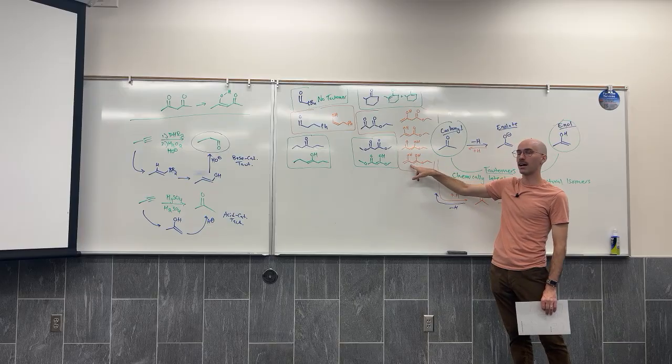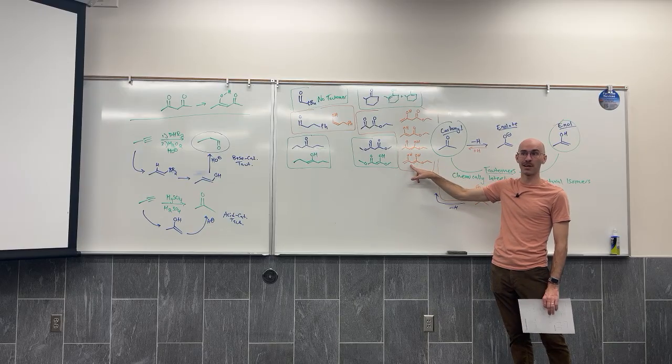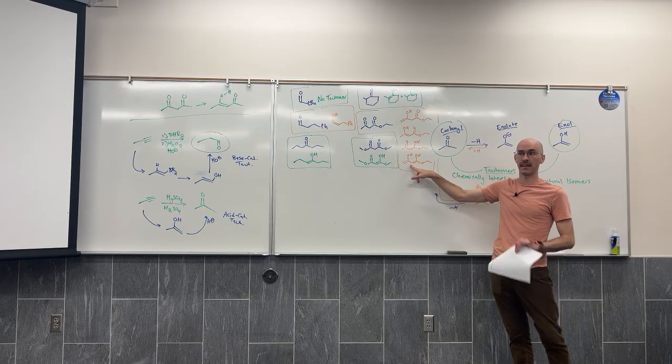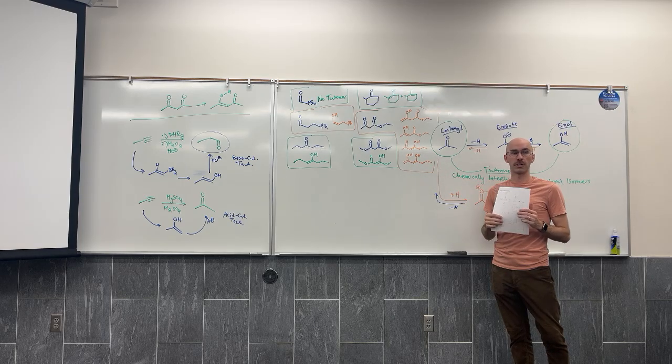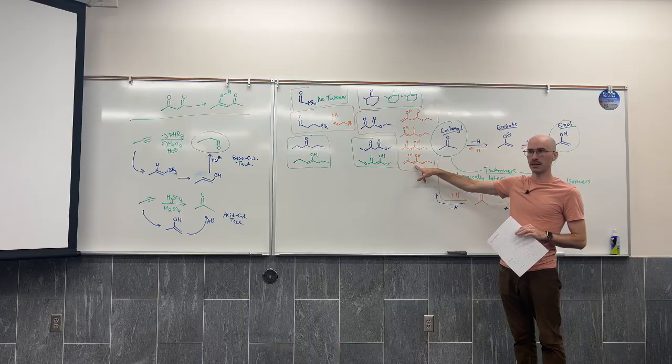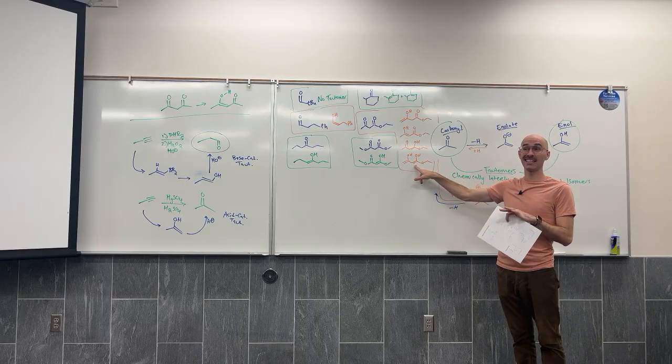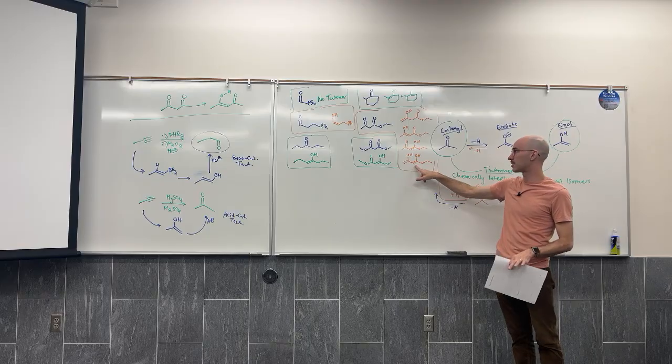It probably is not going to easily form a dienol. That double tautomerization process would be rather challenging. I think the only way that it could do this is in acidic conditions. It wouldn't be able to tautomerize to this in basic conditions.